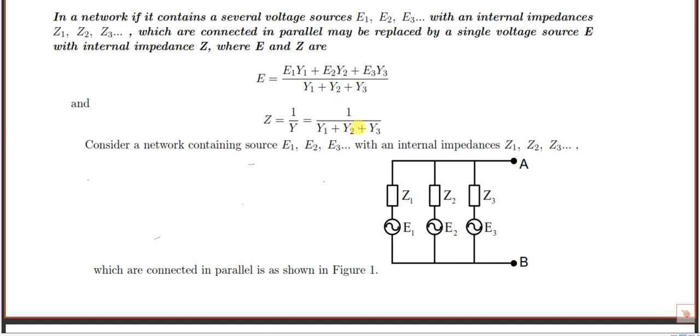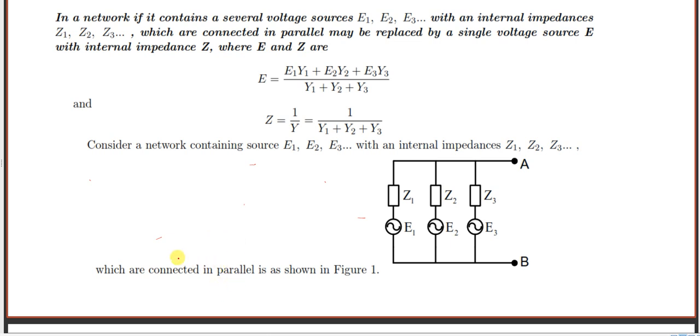So in general, we can write impedance. If it is a resistance, reactance will be absent, only resistance will be there. So in general, I am writing here one value. So we can write it as a single voltage source. We can convert this entire source into a single voltage source with internal resistance or internal impedance.